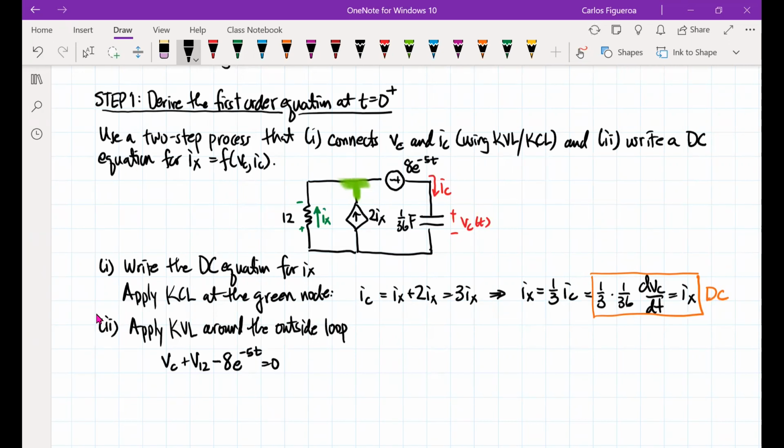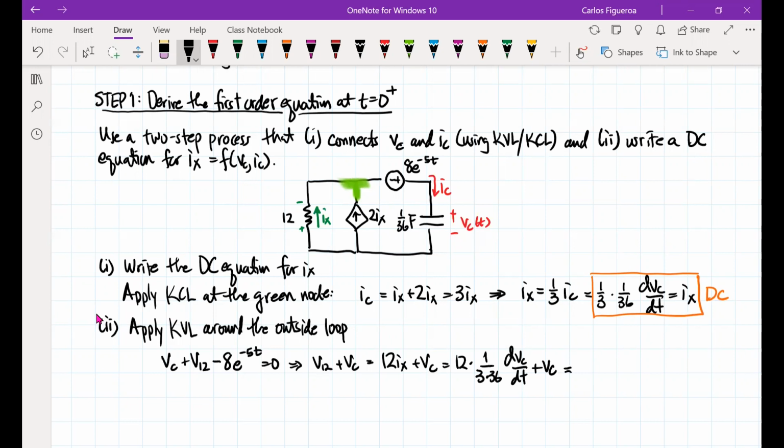Now let's clean this up. This tells me V12 plus VC. Now look at V12. It's going to be 12IX plus VC, but I know what IX is over here. That's the DC. So this is going to be 12 times 3 times 36 times dVC/dt plus VC. And if I continue to move in this direction, 12 into 36, that's going to give me a 3.